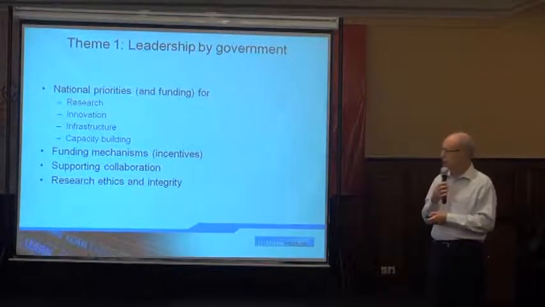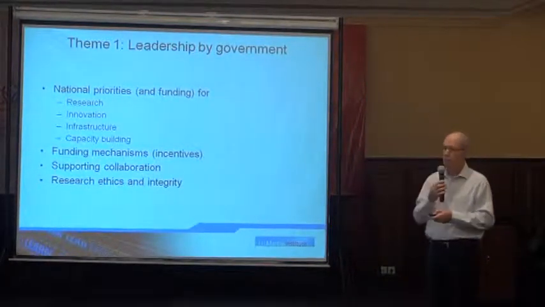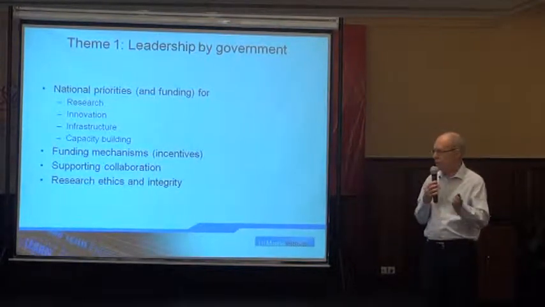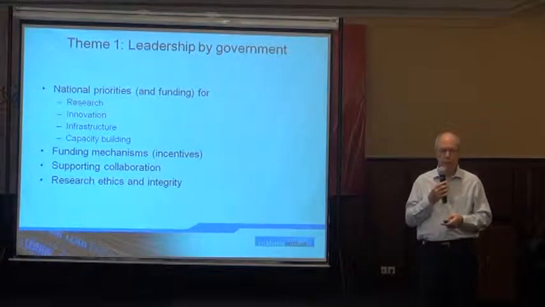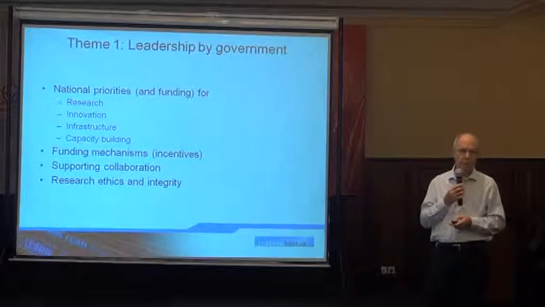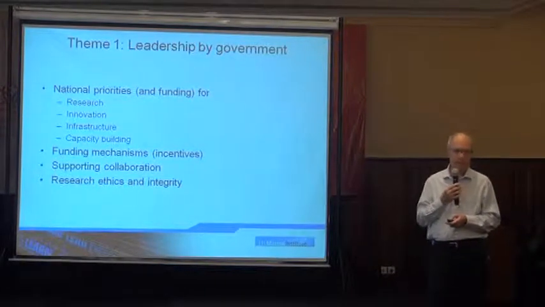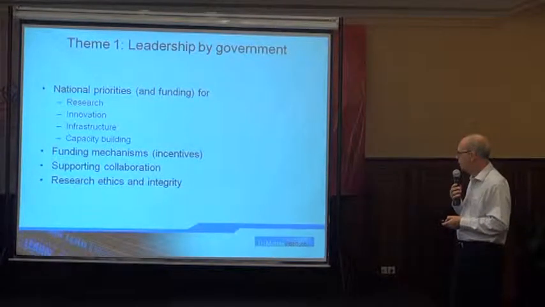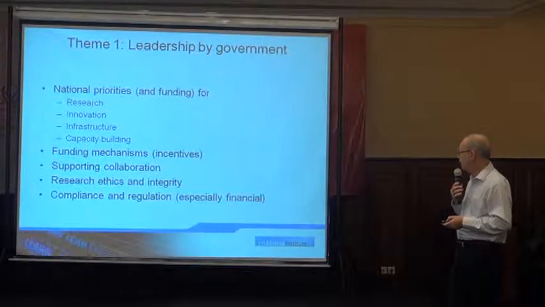Commonly, research integrity, research ethics in many countries is set up by central agencies. Certainly in the United States, there are various government departments which have a strong interest in research ethics and integrity. In Australia we do as well, the UK, Europe, all of those countries do, and I'm sure you have them here.